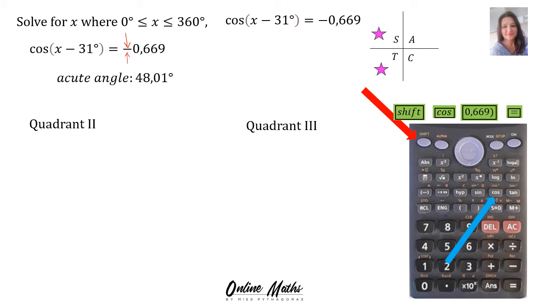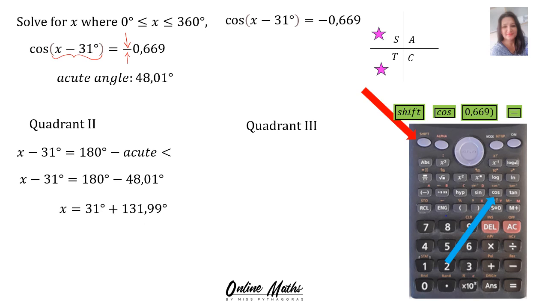Now, on the left hand side, the angle was x minus 31 degrees. So on the left hand side, you write x minus 31 degrees equals. And then the second quadrant, the rule is 180 degrees minus the acute angle. And you can substitute that one.